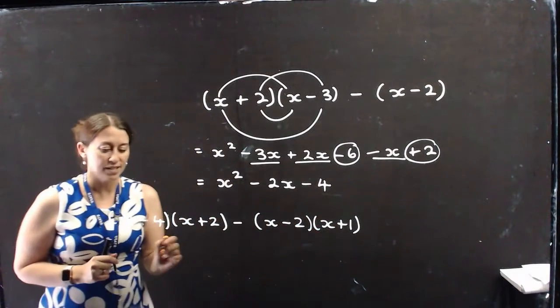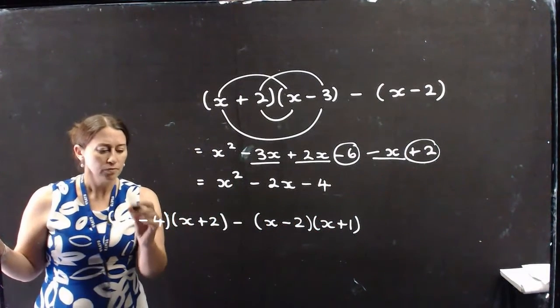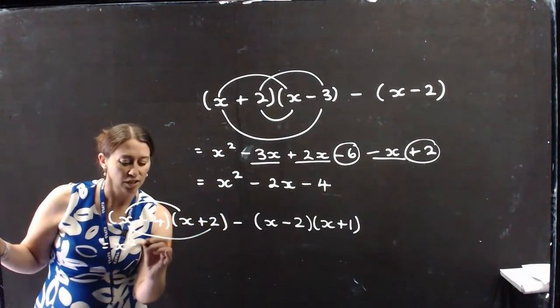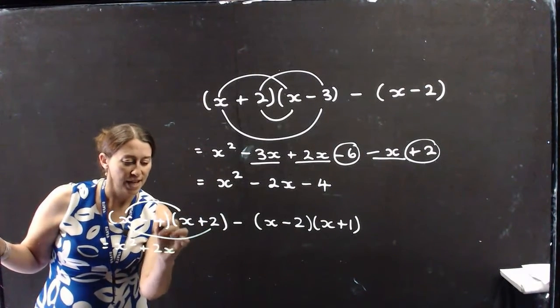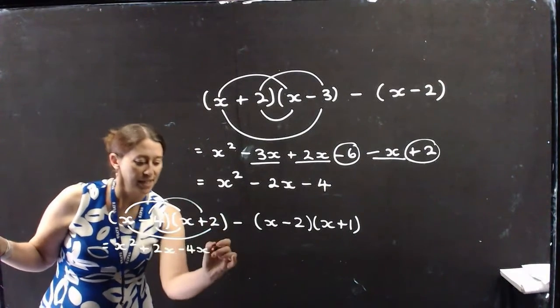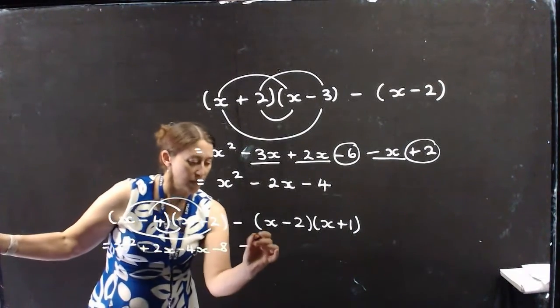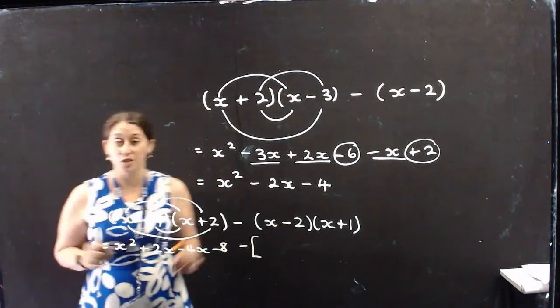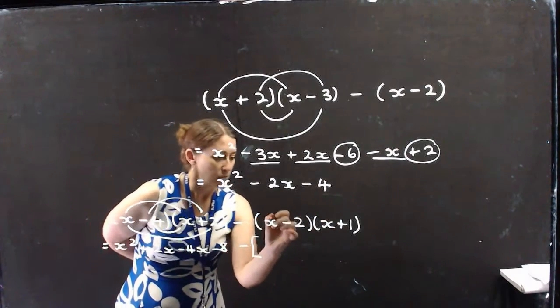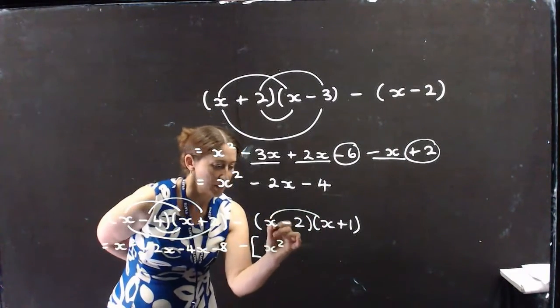So let's take it step by step. FOIL. First is x squared, the outer is 2x, the inner is -4x, and the last is -8. Take away, okay, I'm going to use square brackets, I don't have to, but I am. Let's expand this. First, x times x, x squared.